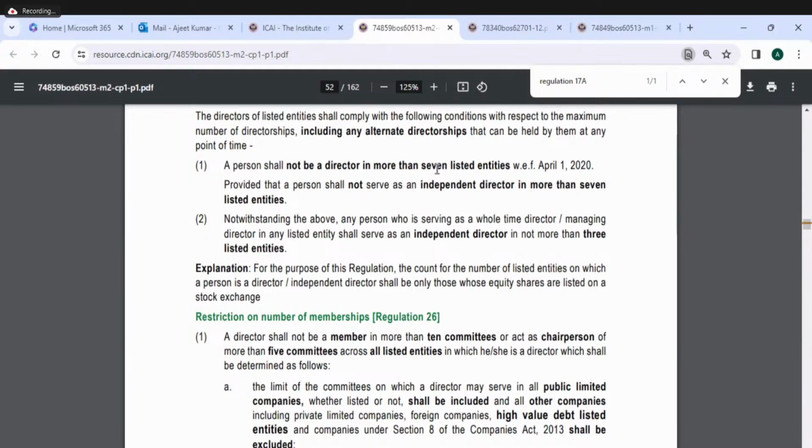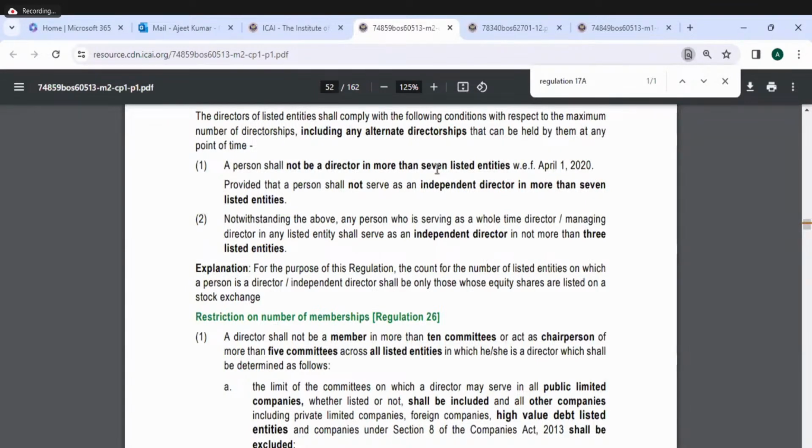No, because I am falling under clause 2, notwithstanding anything above. The first one is saying that a person shall not be an independent director in more than 7 listed entities. If I don't see the word clearly, managing director in issue 3, I can get confused. Okay, I'm fulfilling the condition, but no.